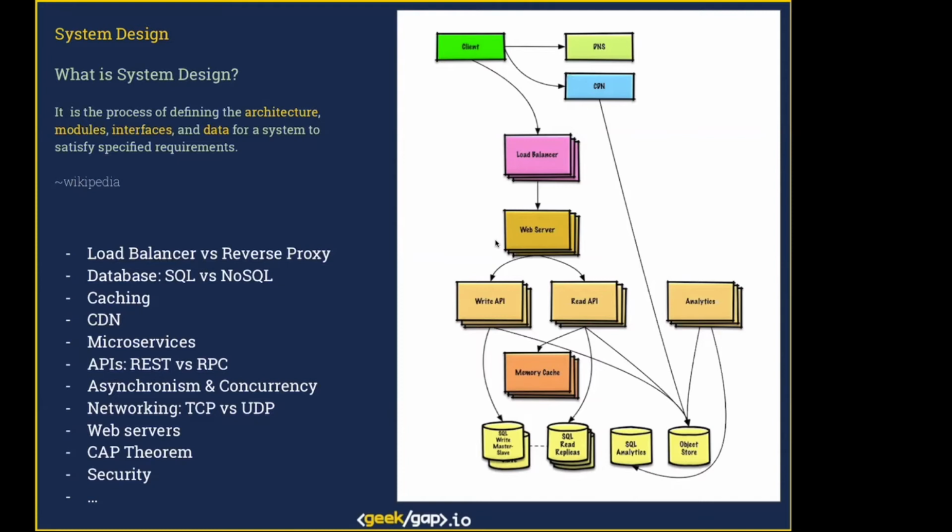Such a mouthful, but when you break it down, you understand what it means. So let's say you're a software engineer in a company and you're asked to build an e-commerce website or whatever. In order to do that, you need to design an architecture. So for example, this whole thing is an architecture.